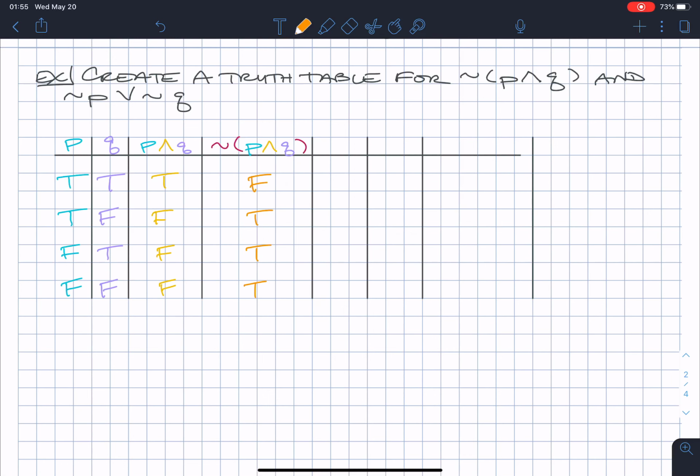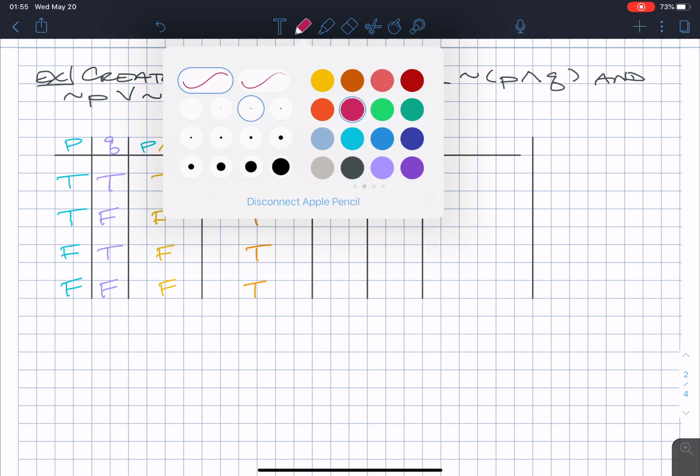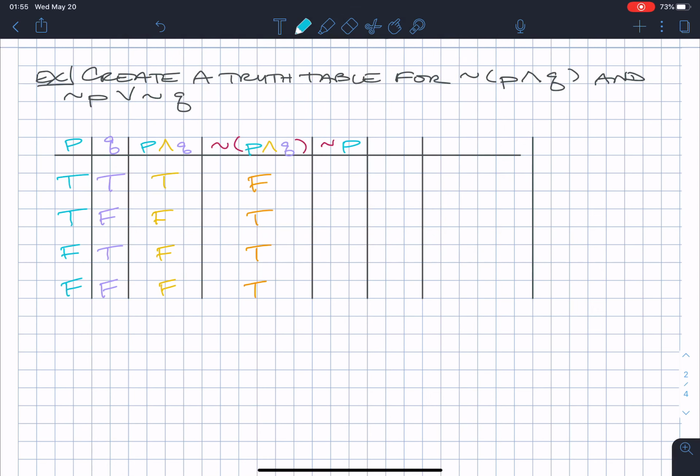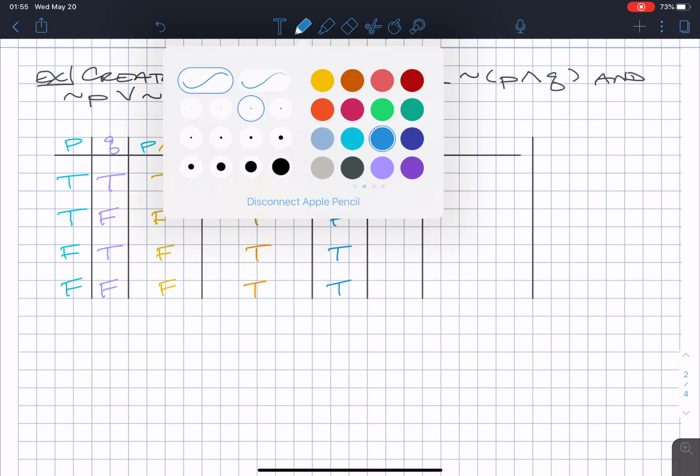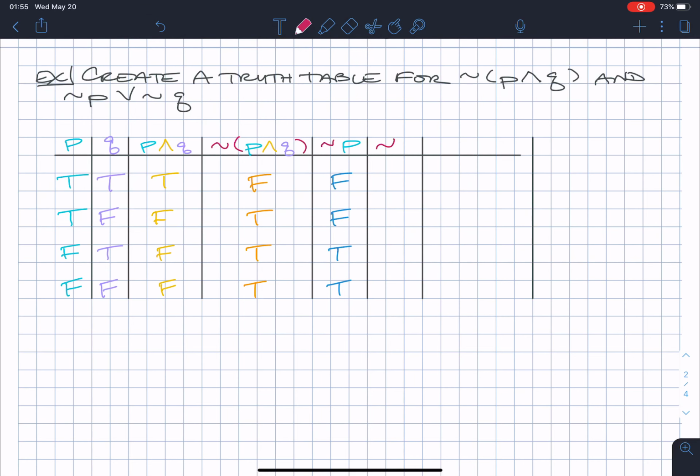Okay, so now let's look at not P. Not P is going to negate P, so that's now false, false, true, true. Similarly, if I look at not Q, that's going to negate the entries in the Q column.